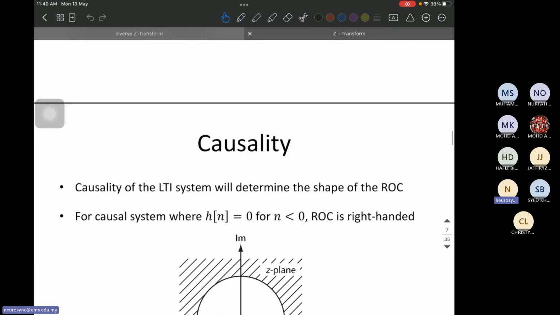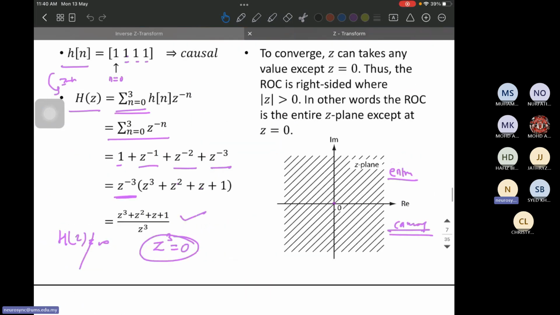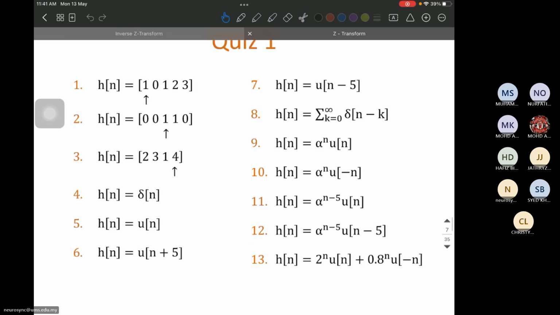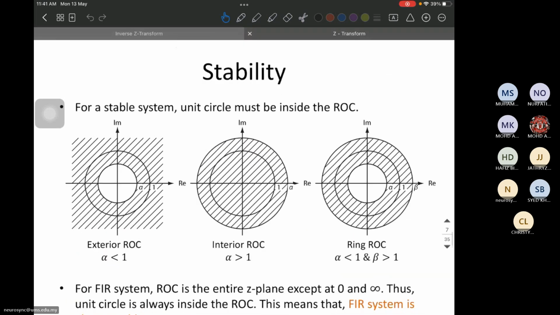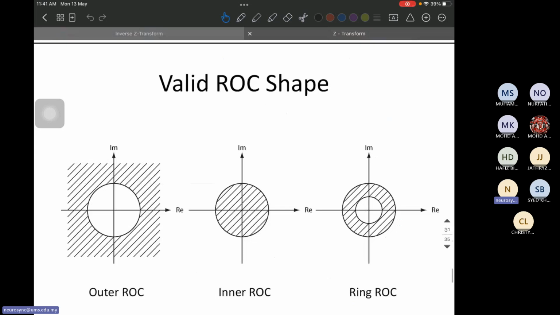There are three possible cases; these are the valid ROC shapes. One more thing you need to remember: the poles should not be included in the region of convergence. That will not be a valid case.